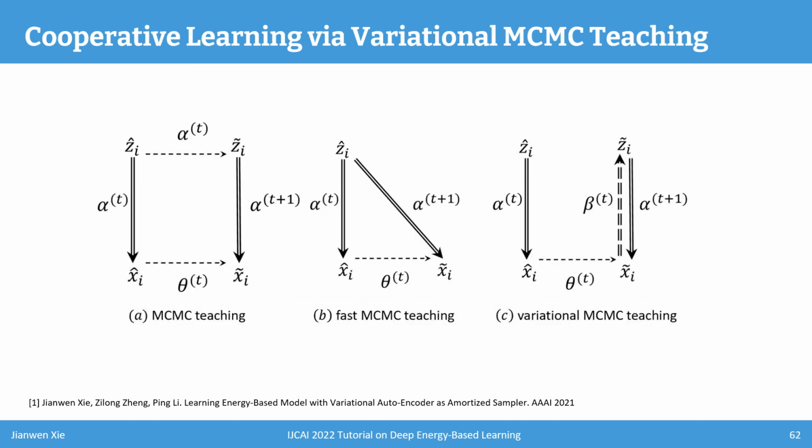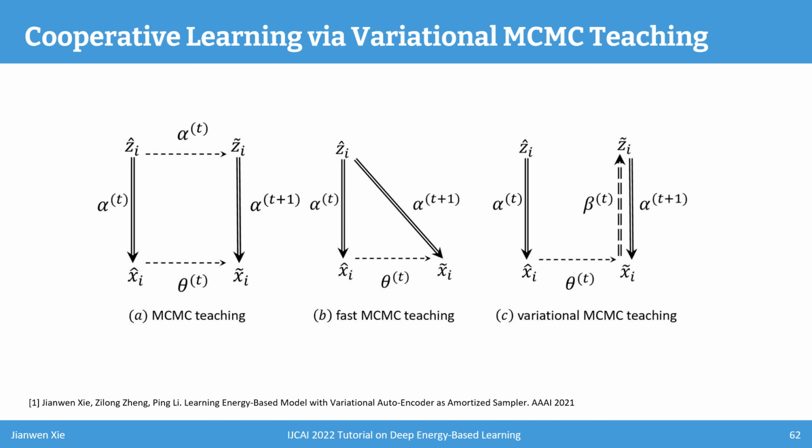I compare different types of MCMC teaching in this figure. In the original MCMC teaching, the latent variable model will treat X tilde as training examples. Figure A shows a rigorous MCMC teaching with MCMC-based inference of Z given X. Figure B displays a fast version without inference.